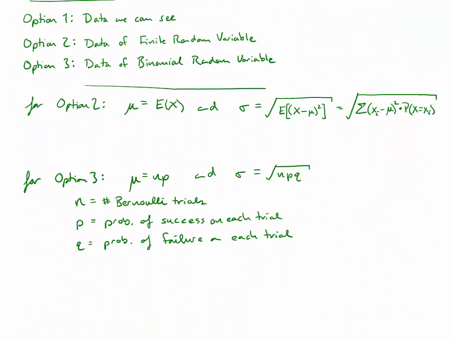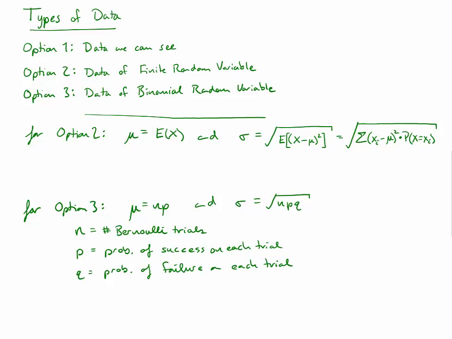Lastly, we've got 3 types of data here. Option 1, data we can see, data we can list and see every possibility, every single number. Option 2, data of a finite random variable. Okay, this is like the classwork from last week.